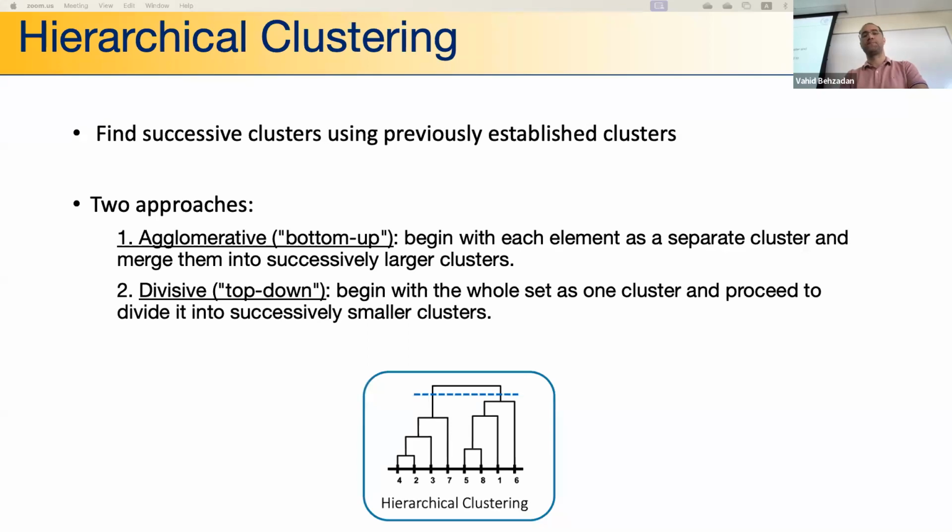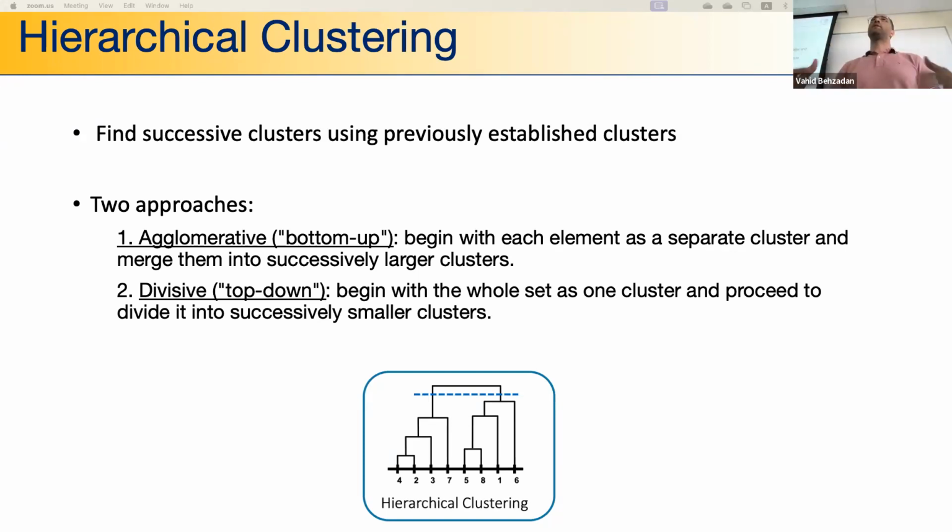So basically, here we try to find successive clusters using previously established clusters. So we need to establish some clusters, and then from these established clusters, we move to find the new clusters. There are two methods to do this. The simplest idea is to say, okay, all my cells belong to one cluster, and then I start dividing.